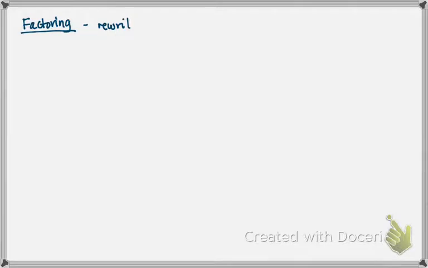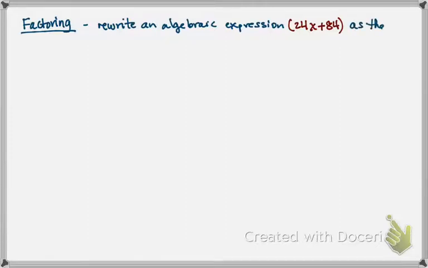So we're going to rewrite an algebraic expression, so something like 24x plus 84, the result we just got when we did our multiplication, as the product of its factors.